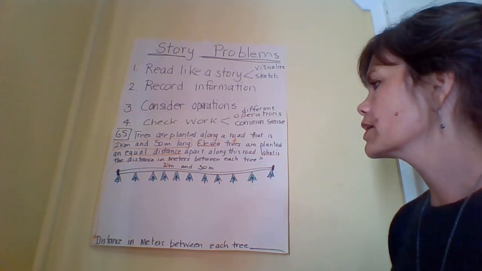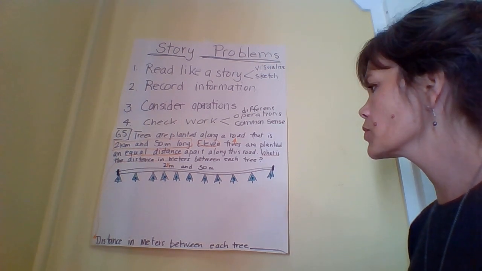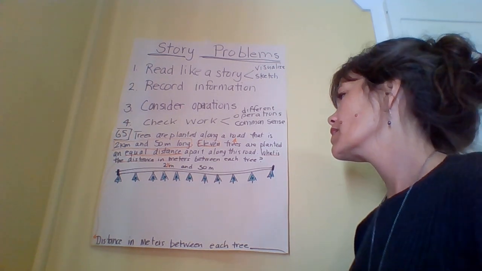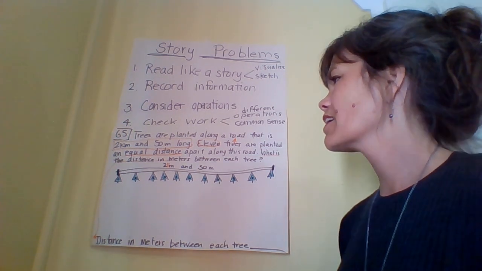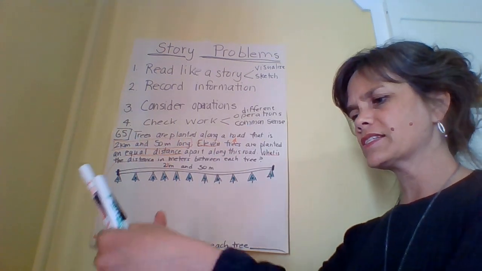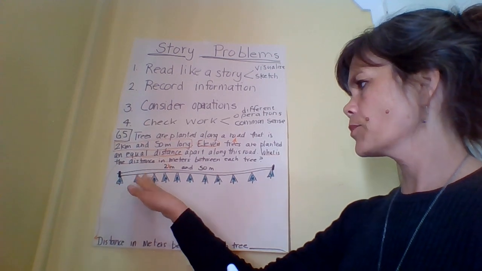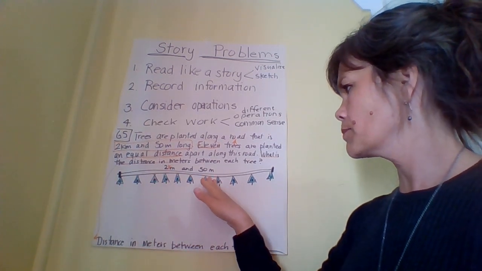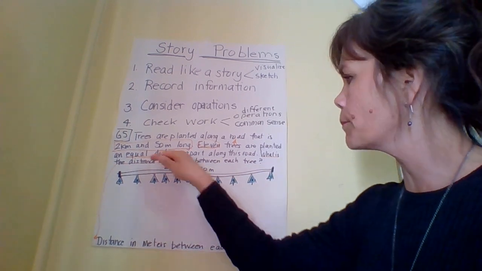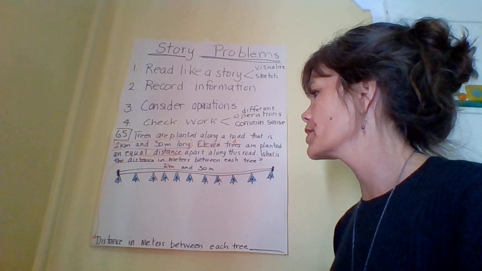Now I'm looking at my picture and thinking about those trees and that distance. The first thing that comes to my mind is that I'm going to take some amount and separate it out, basically dividing the whole road up into smaller sections in between my trees.